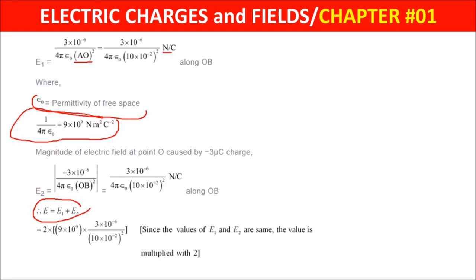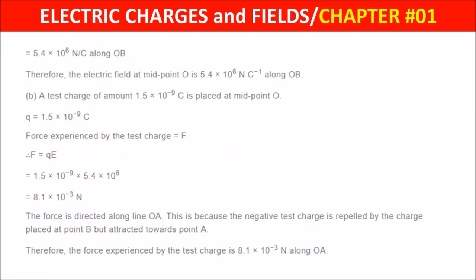Since the values of E1 and E2 are the same, the magnitude will be twice of E1 itself. So we get ultimately 5.4 into 10 to the power 6 Newton per coulomb along line OB. Therefore, the electric field at midpoint O is 5.4 into 10 to the power 6 Newton per coulomb along OB.